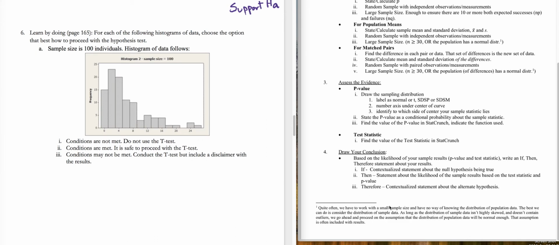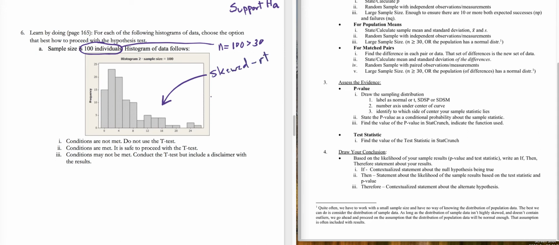Remember that this whole issue of the shape of the distribution of our sample is only important when we have a sample size less than 30. So in our first example here, we have a sample size of 100 individuals. Well, with that sample size of 100, it's greater than 30. This distribution of sample data is skewed.